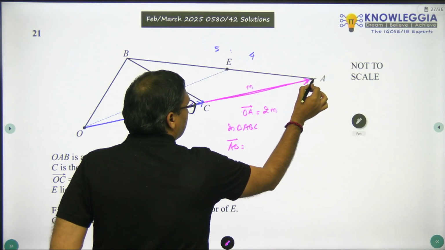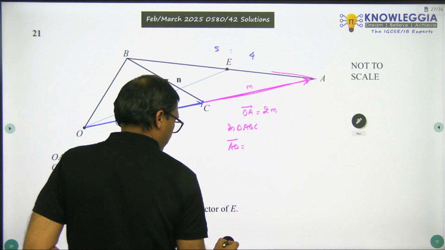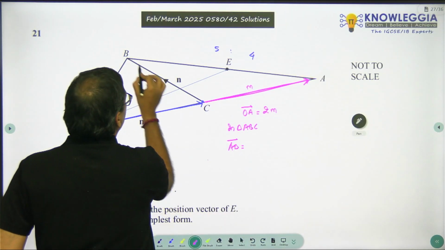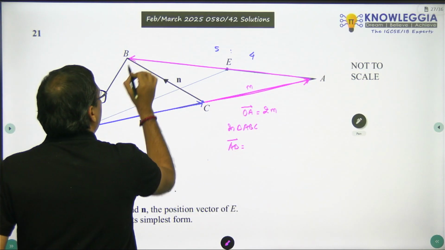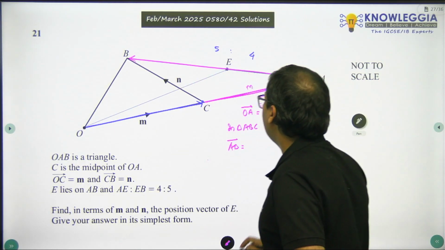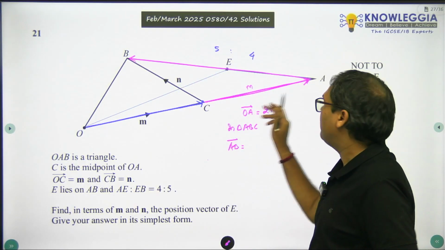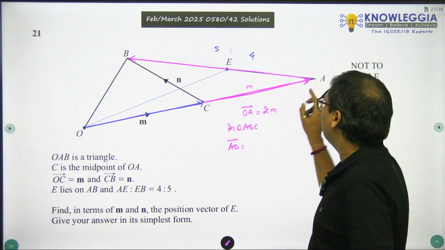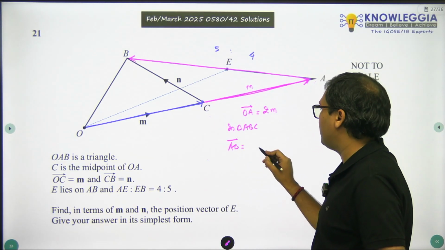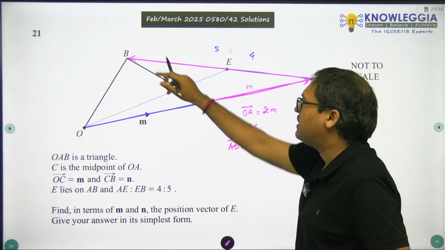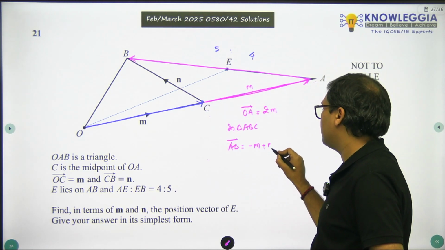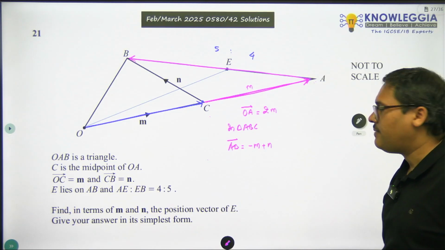Let me write like this. This is our AB vector, correct? So AB vector will go from A to C, that is minus M, because we are going against the direction, then plus N. So this is the vector N minus M.